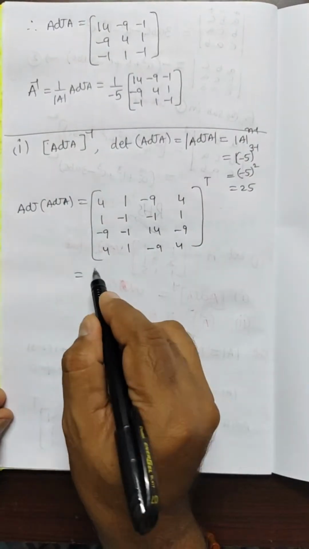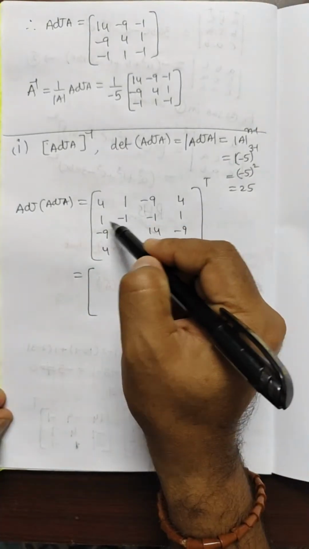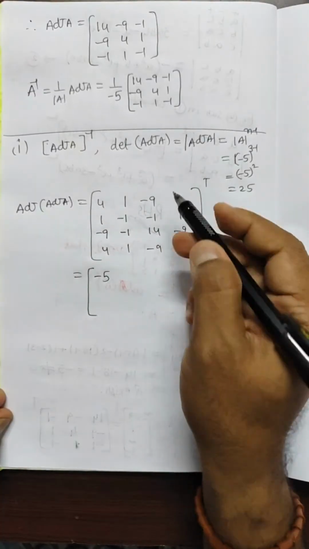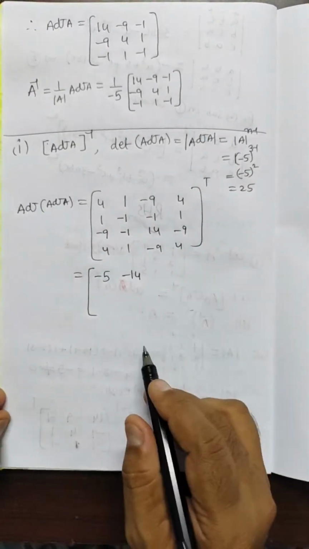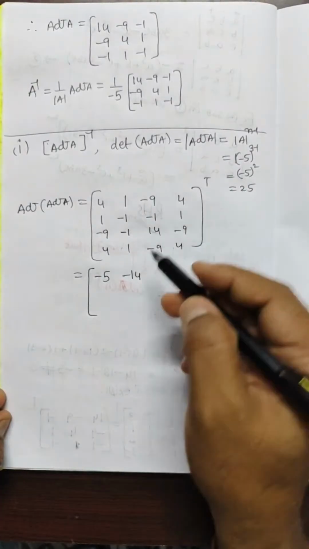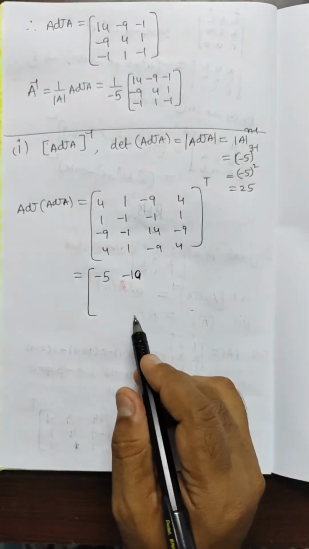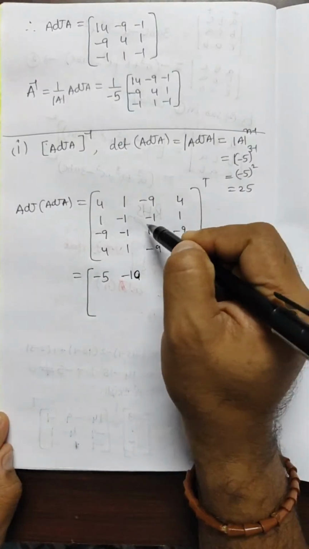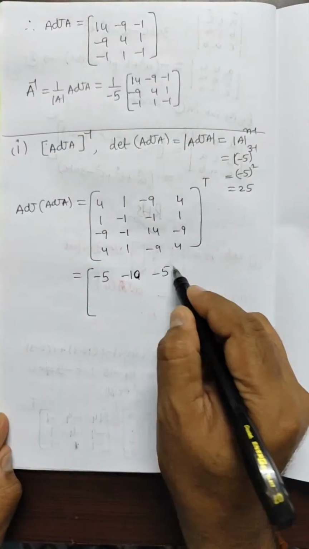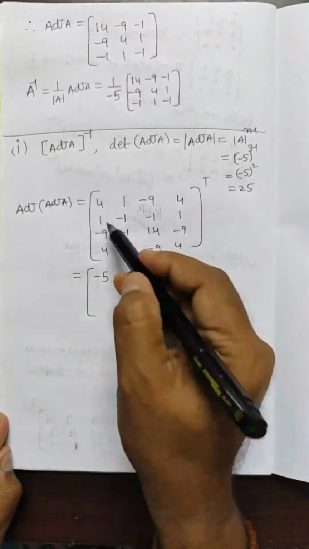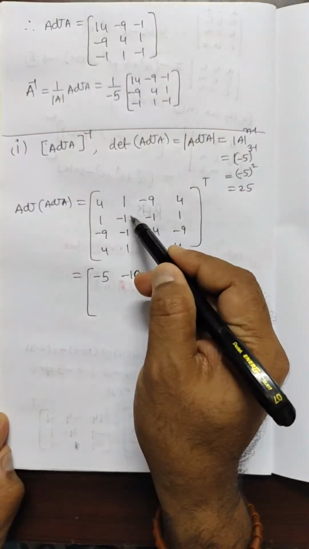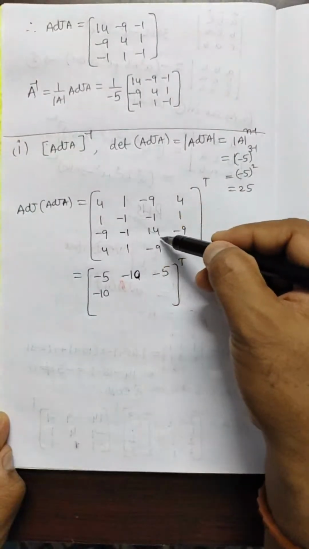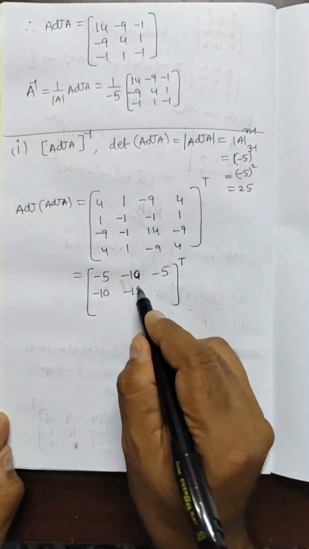So later, minus 4 minus 1 minus 5, minus 1 minus 9 minus 14, sorry, minus 1 minus 9 minus 10. I am very sorry. Next, minus 9 plus 4 minus 5. Next, minus 1 minus 9 minus 10. Minus 14 minus 1 minus 15.